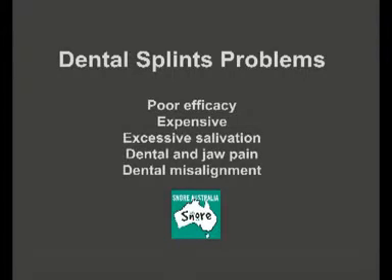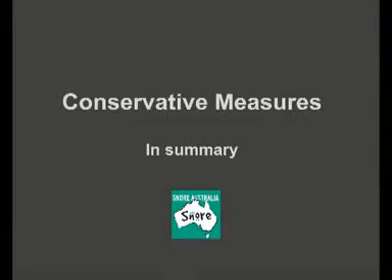Now, that wouldn't matter very much if dental splints were cheap. Unfortunately, they're not. They typically cost between $500 and $1,500. That's a lot of money for a treatment which may not work. Another problem is that about 50% of patients experience side effects.